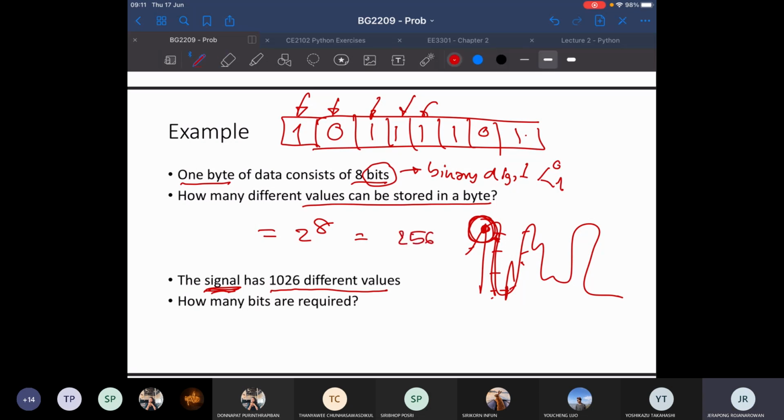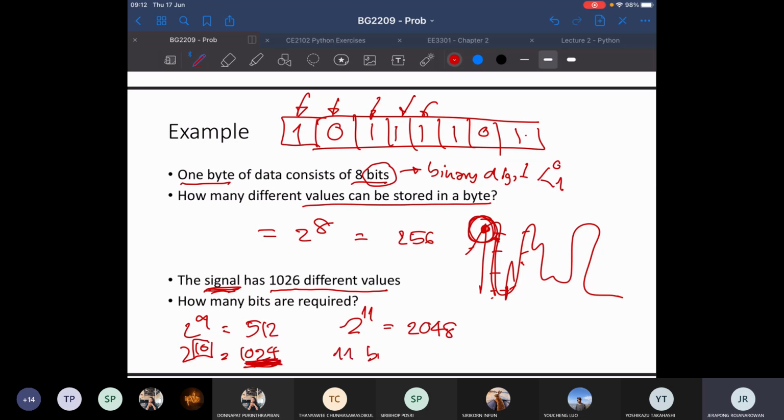Is 256, right? 2 to the 9 is what? 512. 2 to the 10 is 1024. You can see that if you use 10 bits, you have 1024. Therefore, you have to use 2 to the power of 11, which is 2048. Then it's going to be enough because 10 bits is not enough.